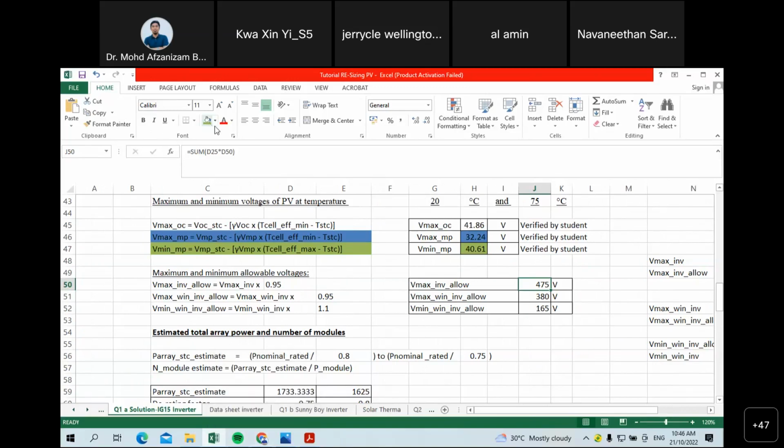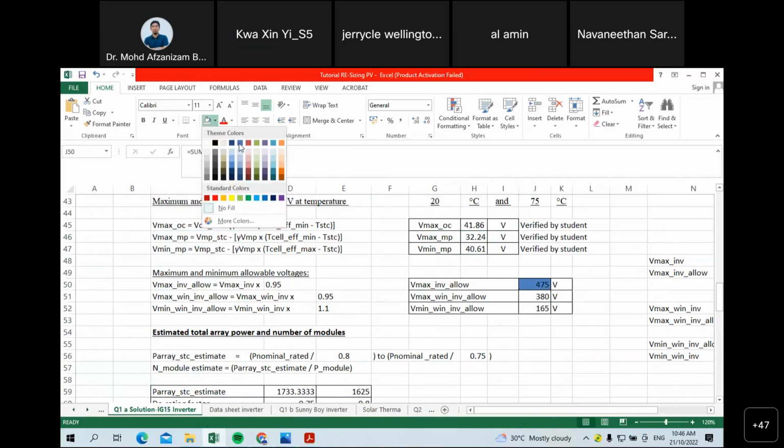Try someone verify this one. Blue in color at first. But it's very straightforward lah. 500 times 0.95, we gain 475.